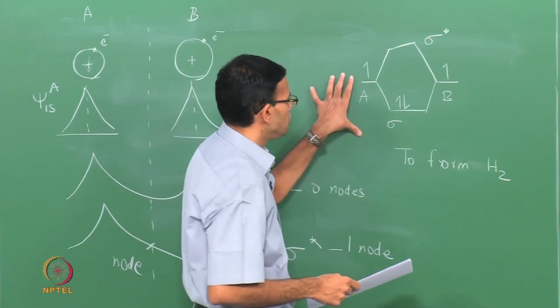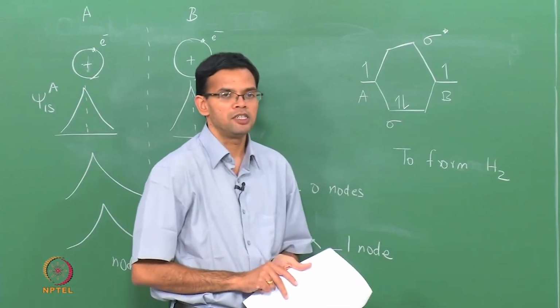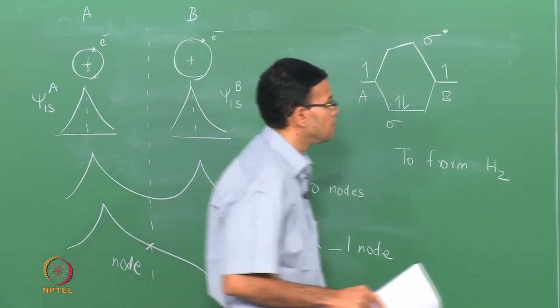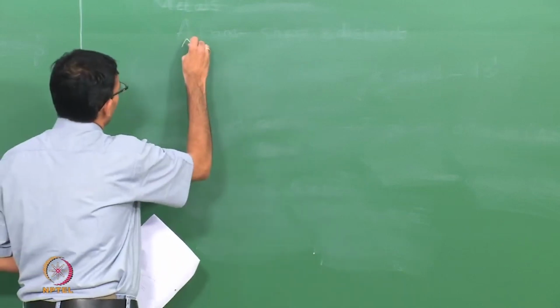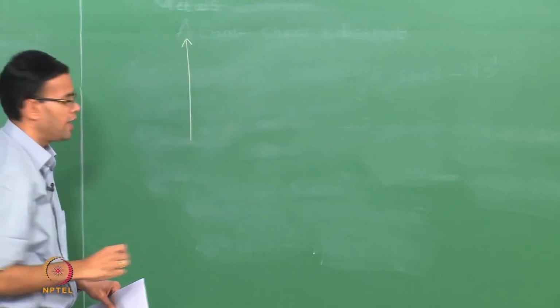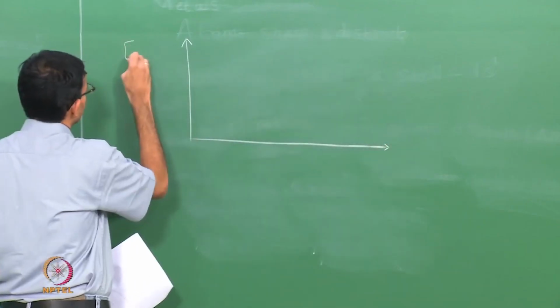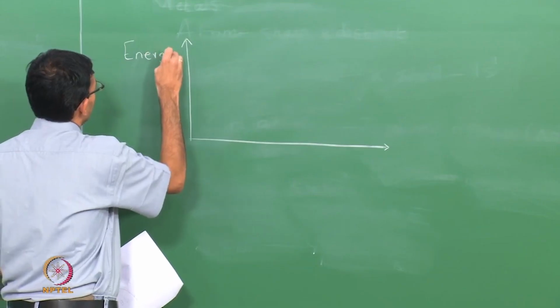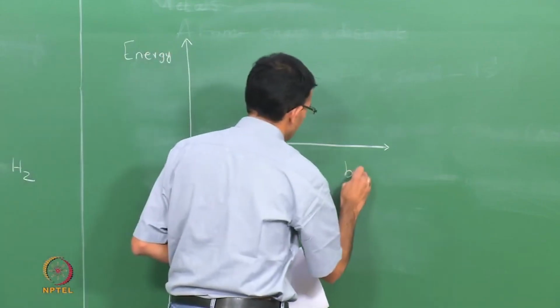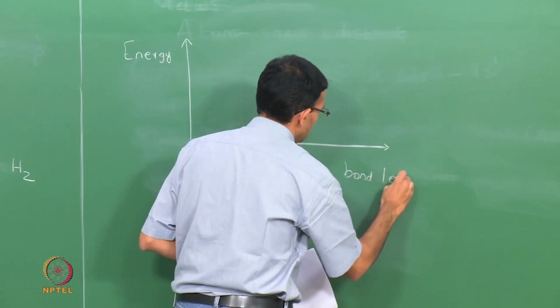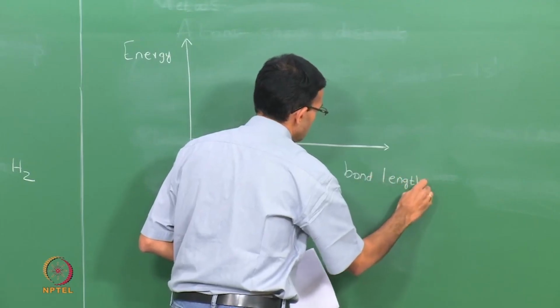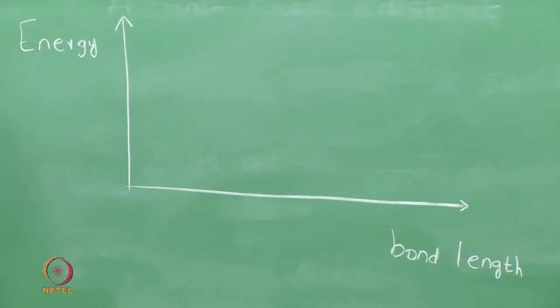You can also show this diagram by means of an energy versus bond length diagram. In that particular plot, we will have energy on the y axis and we will have bond length on the x axis. So energy versus bond length. When the 2 hydrogen atoms are far apart, typically we say that the hydrogen atoms are at infinity, then what we have is simply the atomic orbitals.